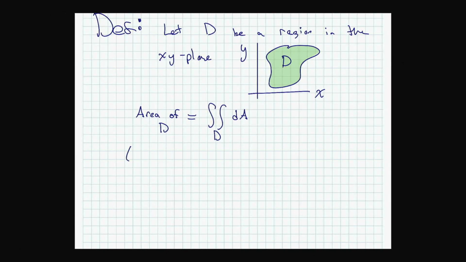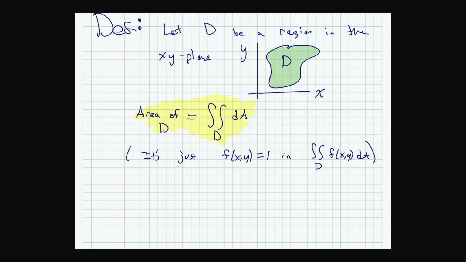So it's just like f of xy equals 1 in the double integral over D of f of xy dA. That's all we're doing. By the way we define the double integral, that's the area, right? We add up all the little dAs and we get the area.